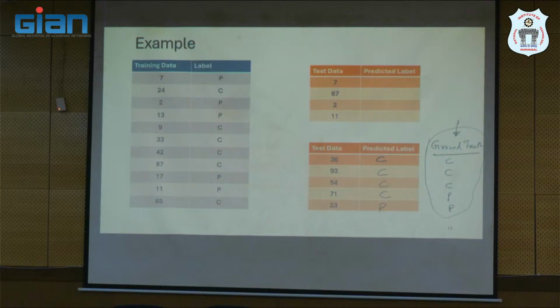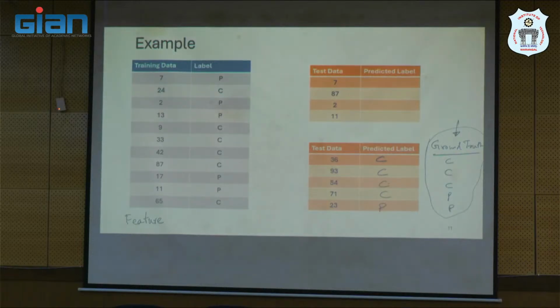Now, an important terminology I want you to be aware of is what we call a feature. Okay, so the training data in the table given on this slide has only one number. So we have what we call one-dimensional features.